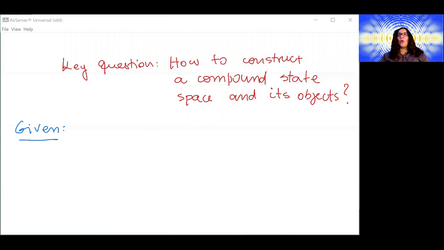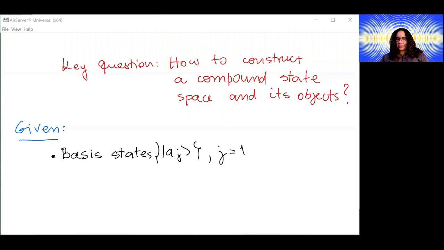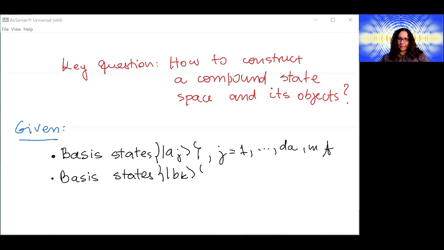We have two sets of basis states in state spaces A and B. So we have basis states Aj, whereby j goes from 1 to the dimension dA in A, and we have the basis states Bk, whereby k goes from 1 up to the dimension dB in the subspace B. That's what we have.